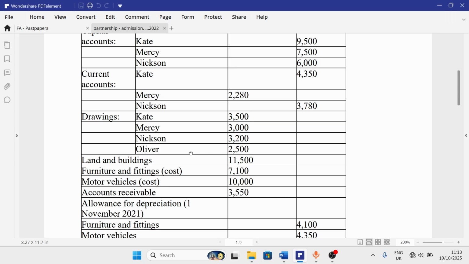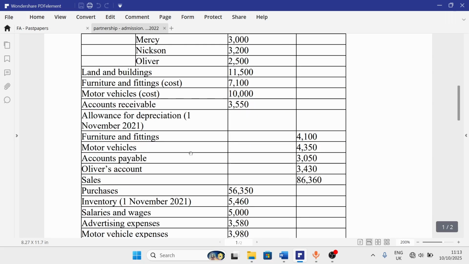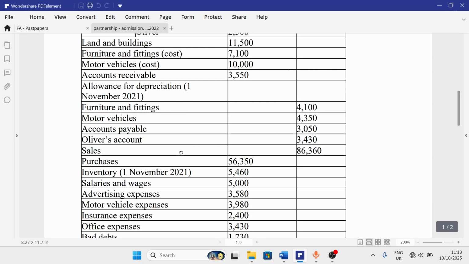However, the amount that you have seen for Oliver has been recorded in this trial balance. So we are given here Oliver's account, 3430. And in which column is it shown? It is shown on the credit column.